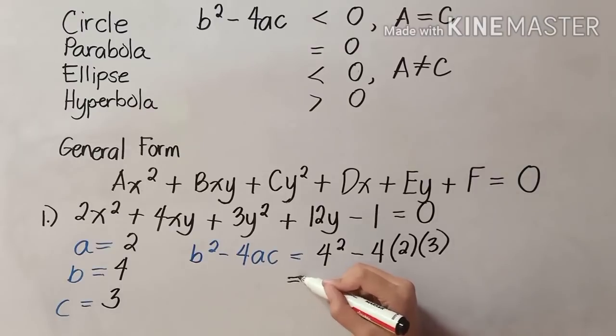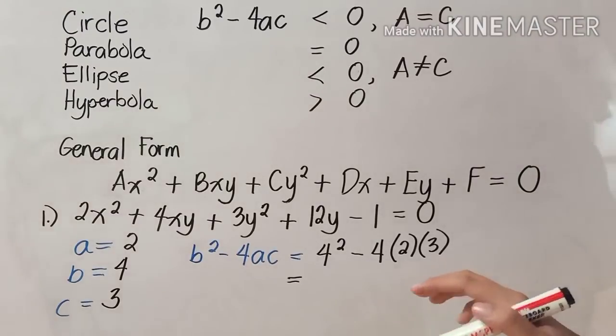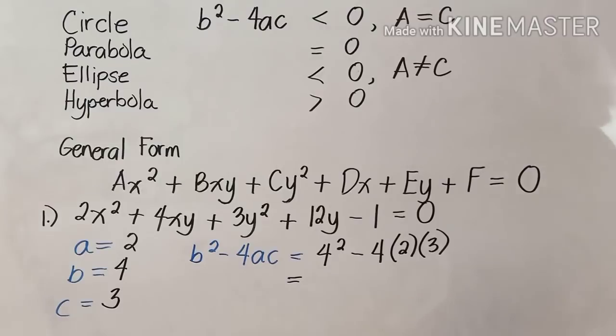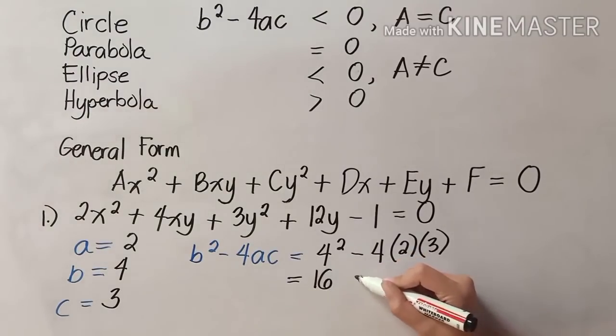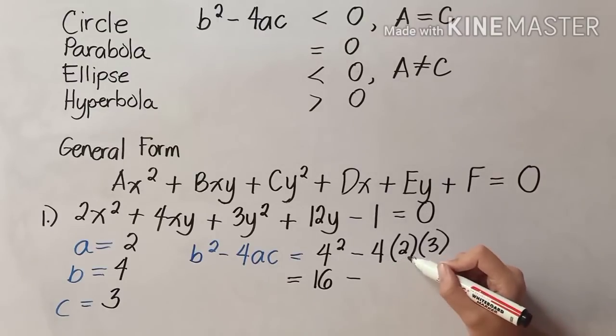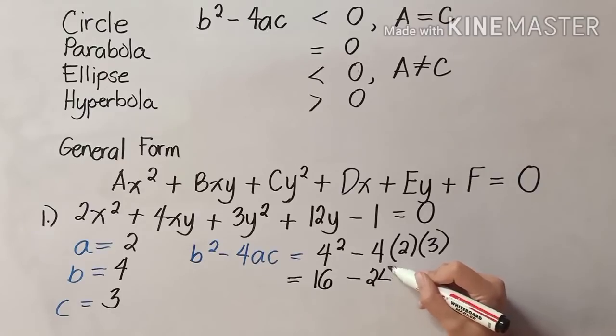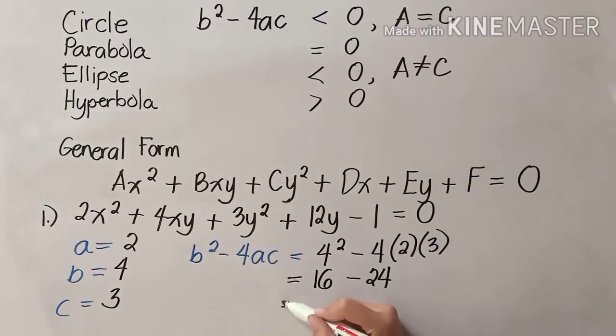So we have 4 raised to 2, which is 16, minus 4 multiplied by 2, which is 8, multiplied by 3, which is 24. Doing the operation, our final answer is negative 8.